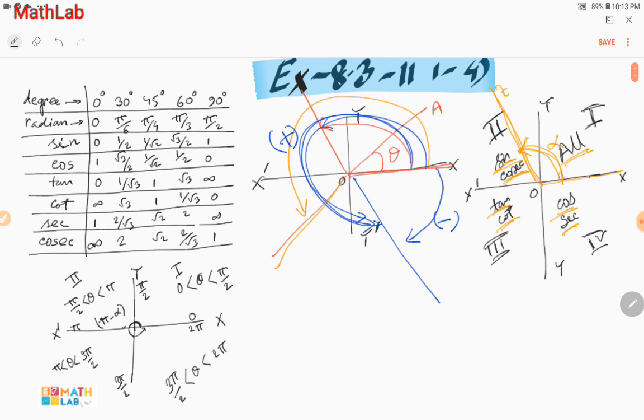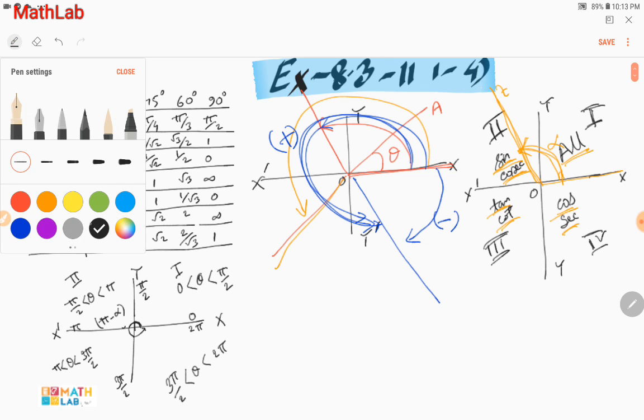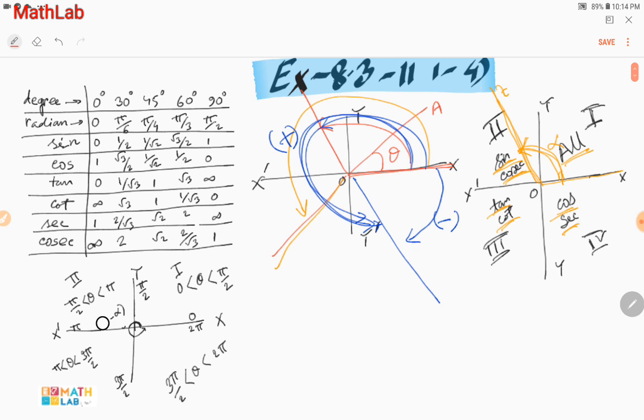Must remember this one: in the first quadrant our angle will be alpha, in the second quadrant pi minus alpha, in the third quadrant pi plus alpha, and in the fourth quadrant 2 pi minus alpha. So you must have a question: why is it minus alpha here and plus alpha here?